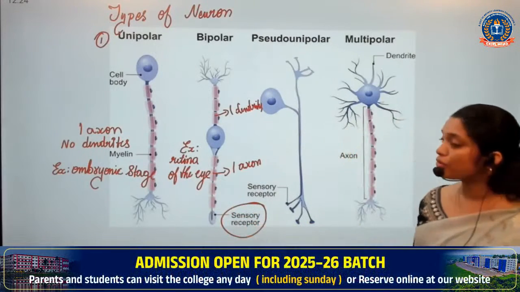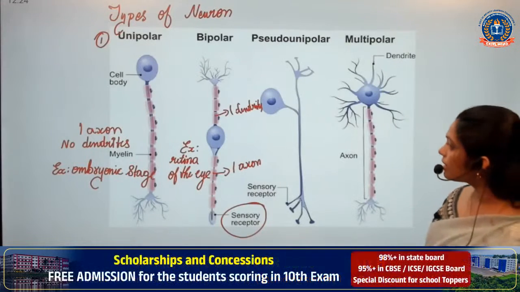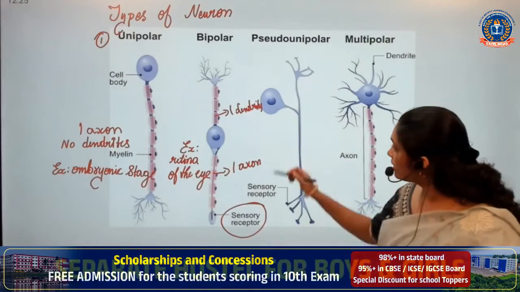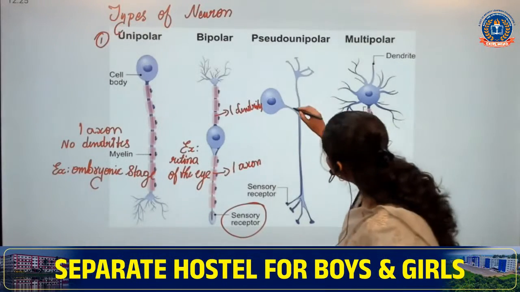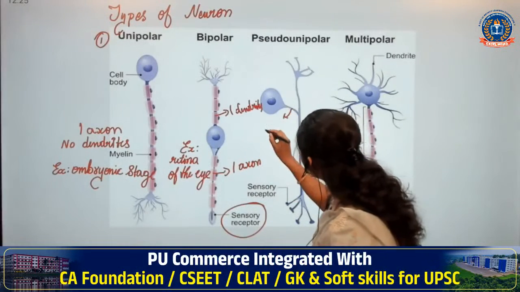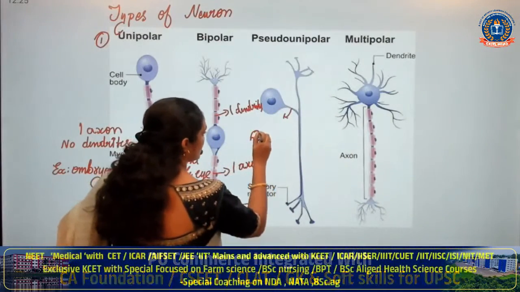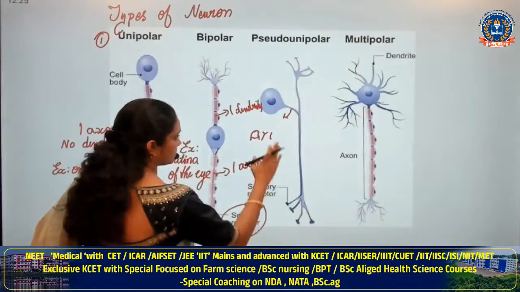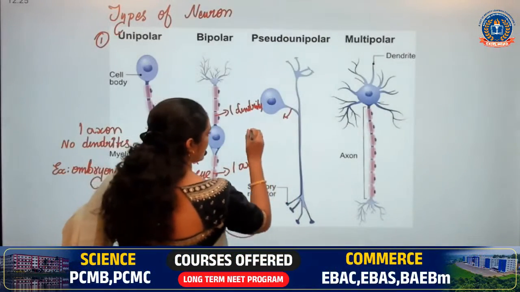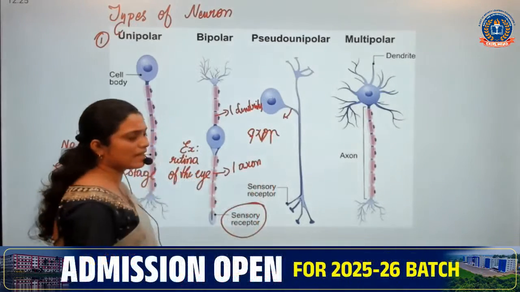And next is pseudo-unipolar neuron. Okay, see, it has one cell body. And this is the axon. It has an axon region.